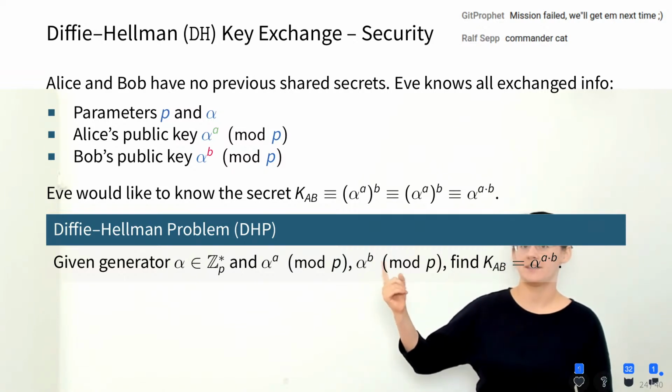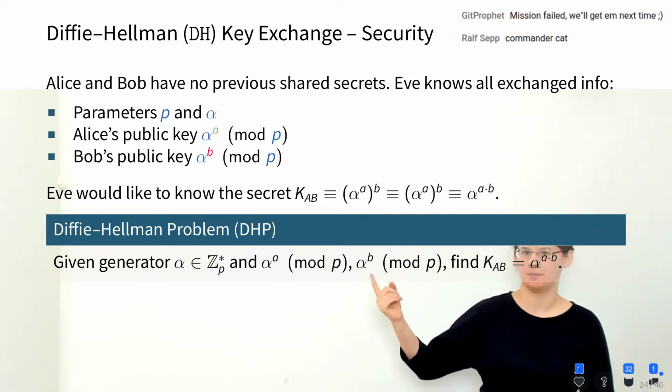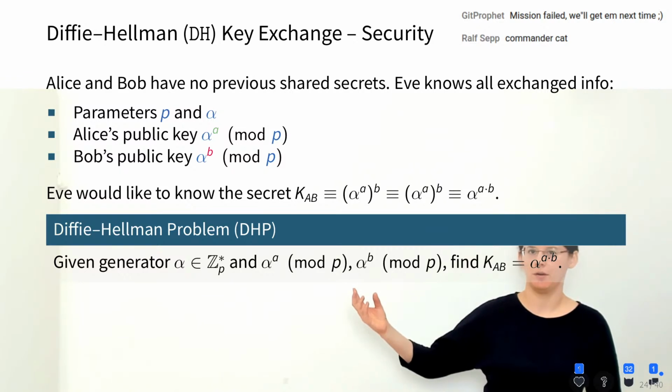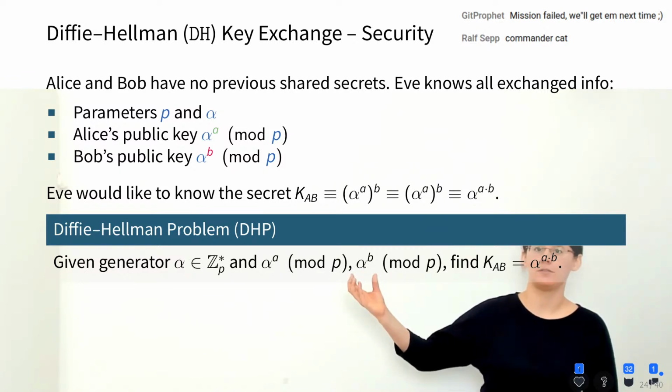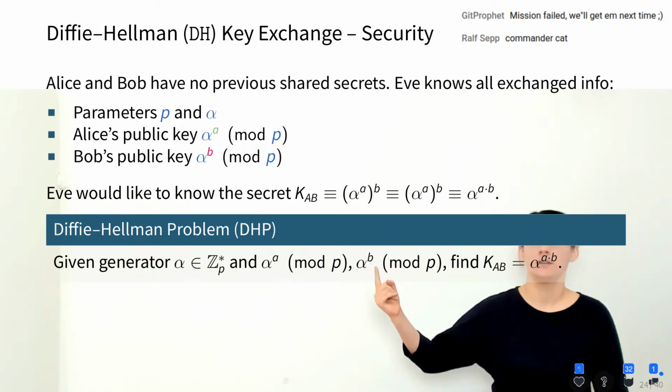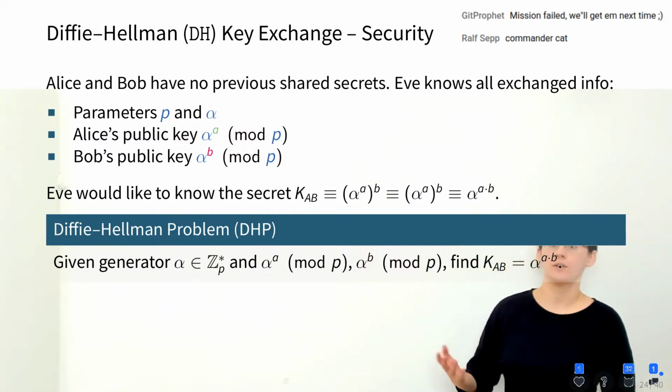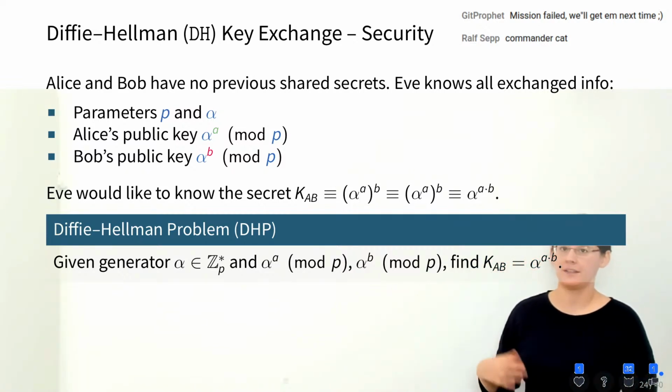If you remember, this is exactly what the discrete logarithm problem was about. And this is the fastest way we know for solving this. So if we can solve the discrete logarithm problem, we can, for example, take alpha to the b as an adversary, recover b from it, take the other public key we know and raise it to power b. So once we've recovered one of the secret keys from the public keys, we have won.